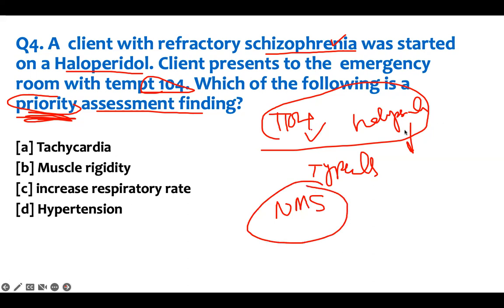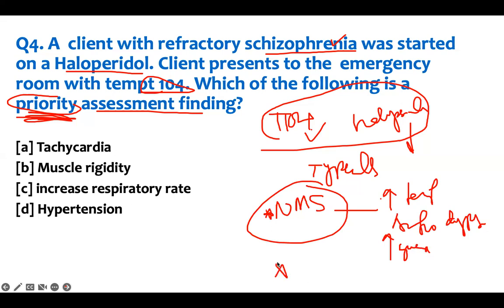And this happened due to the interaction of the medication. And therefore, this is a priority. That's a big moment. This patient needs to be seen immediately. They have a high temperature. They have autonomic dysfunction. Okay, everything goes up.